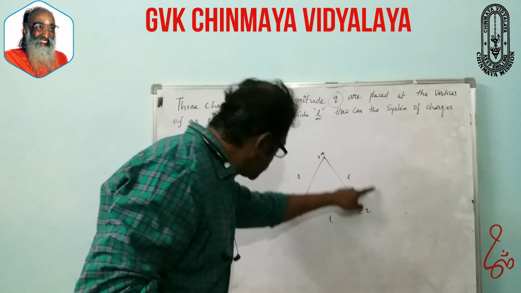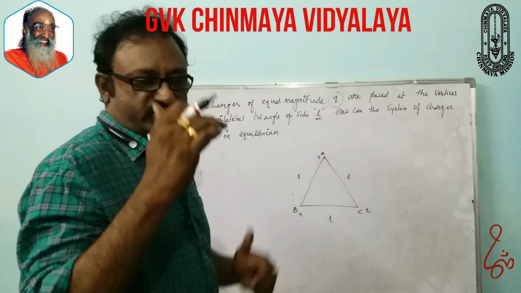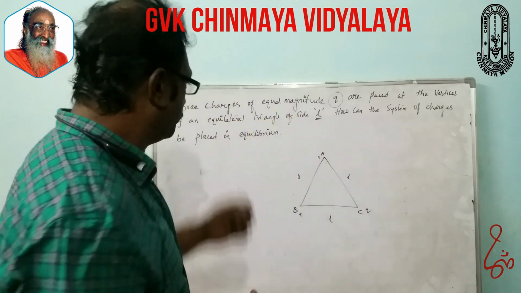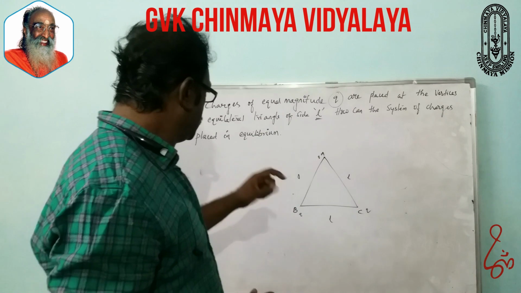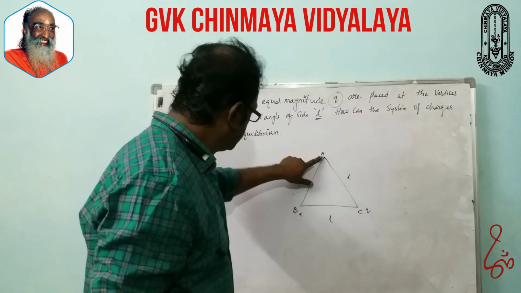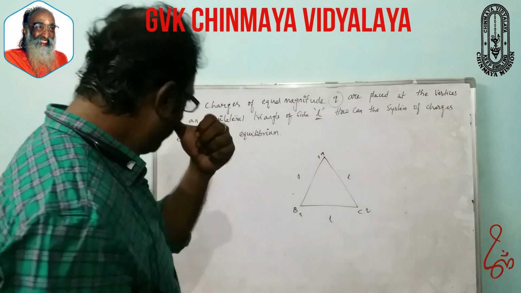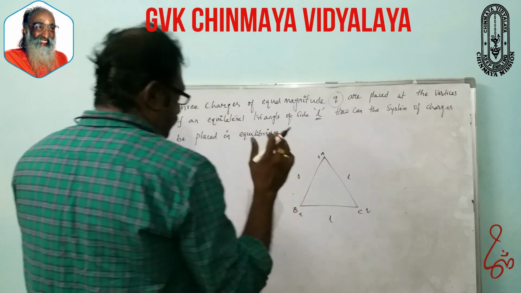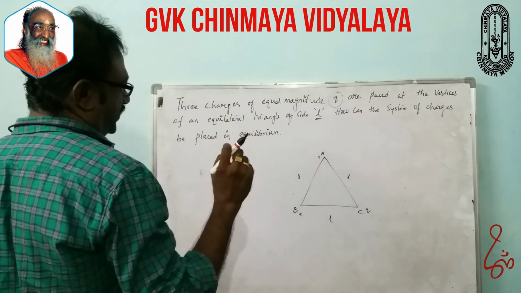For this complete system to be in equilibrium, what do we have to do? Let us first understand the process and then go with the problem. The three charges should be in equilibrium, which means the force exerted here should be 0, here also 0, and here also 0.